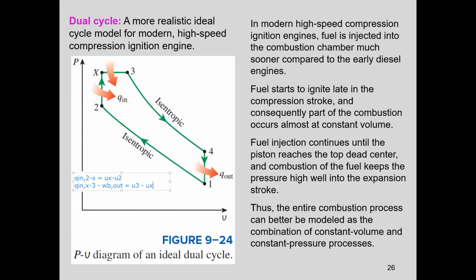So this is the energy balance formula for process X3. If you solve for Q in during X3, it is equal to dU plus boundary work, which is equal to dH, which is H3 minus HX, right?